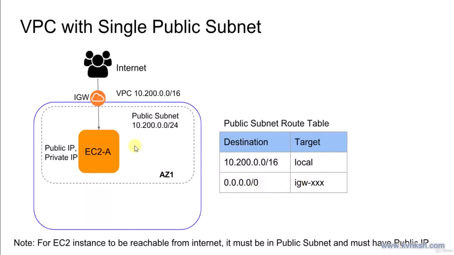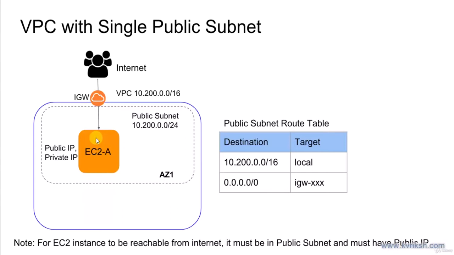And then we will also set up the auto-assign public IP setting on this public subnet, so that the EC2 instance which we launch inside this subnet will get an automatic public IP. And then we will connect over SSH because we will be launching an Amazon Linux EC2 instance. Okay, so we are all set to go.